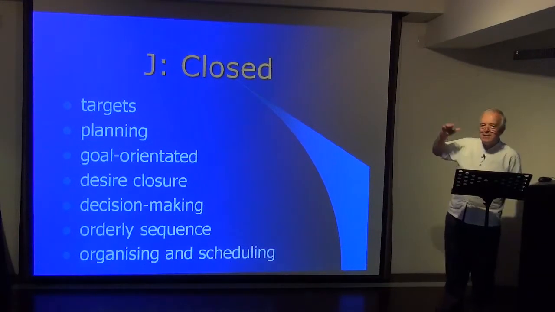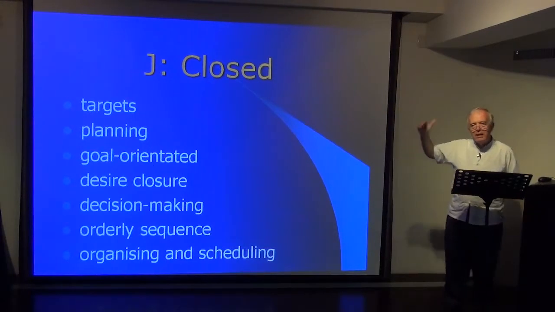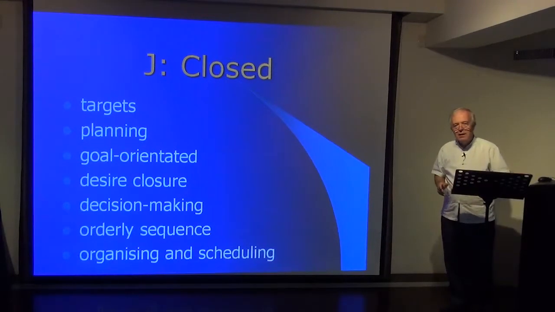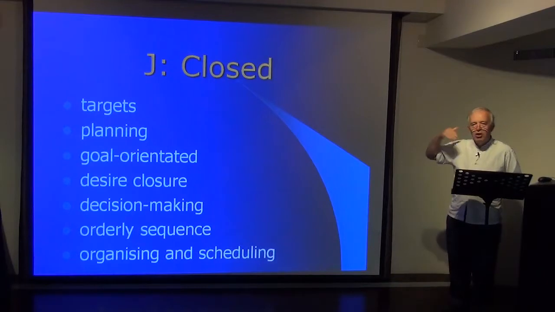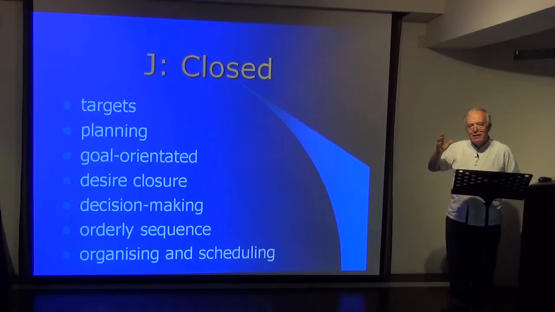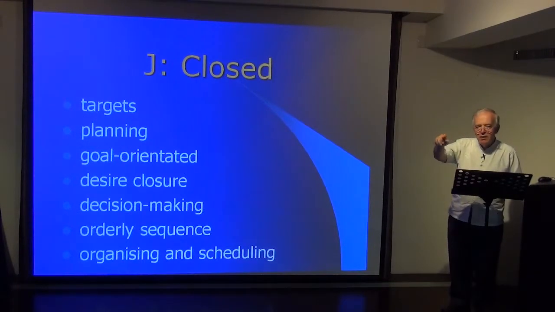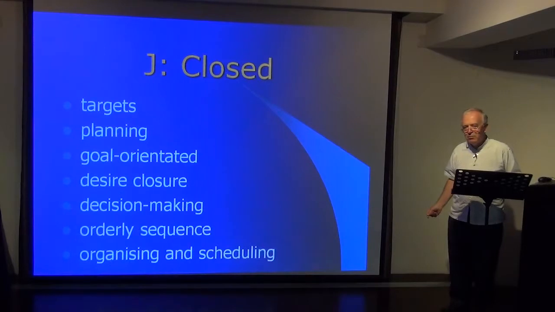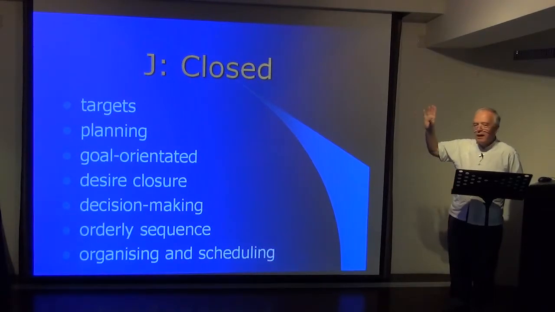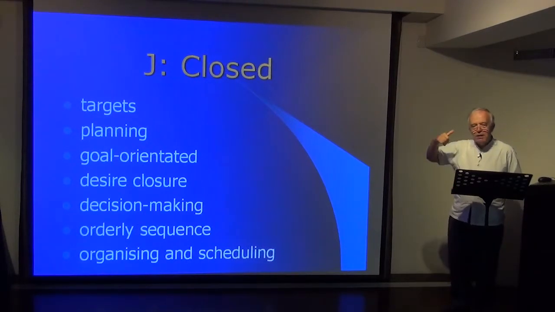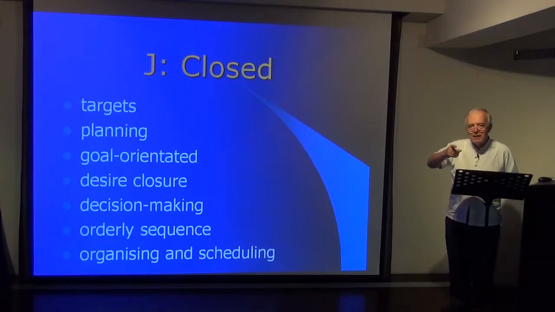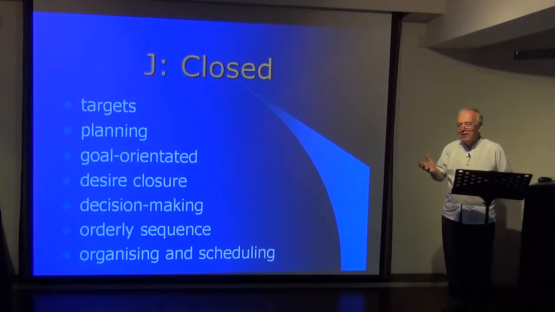What I like to say is the difference between the P and the J, the open and closed, is that if a J calls the travel agent and wants to book an air ticket, they'll say to the travel agent, I want to go on this date and I want to come back on that date. Where the open, the high P, they'll call the travel agent and say, I want to go on this date, but leave the return date open because plans might change.